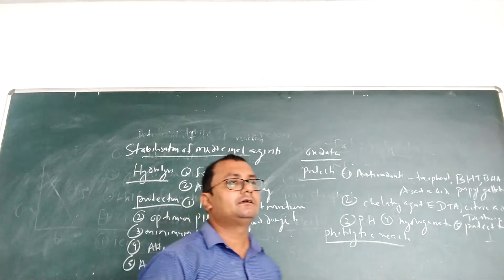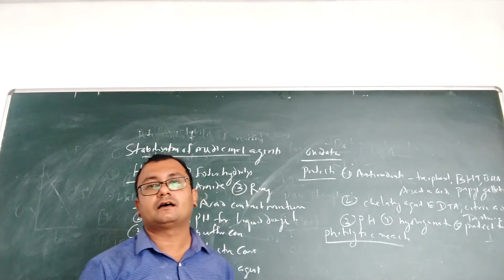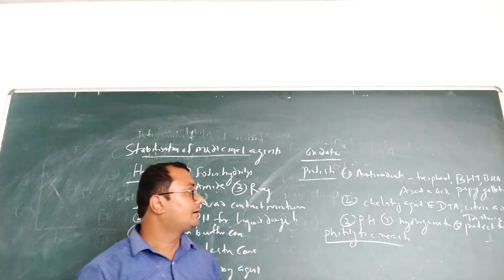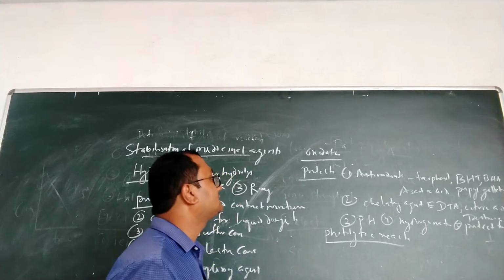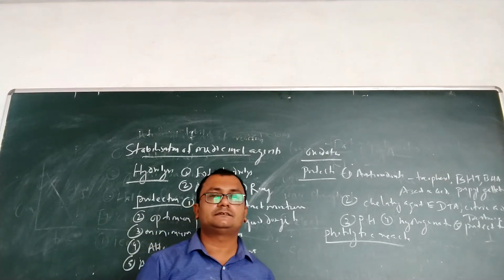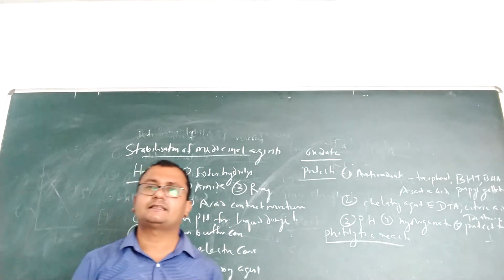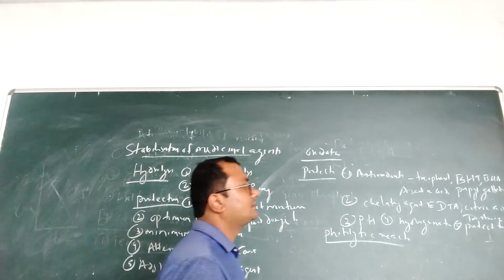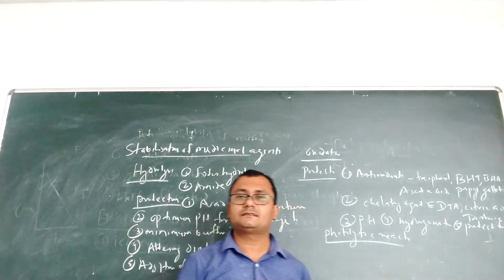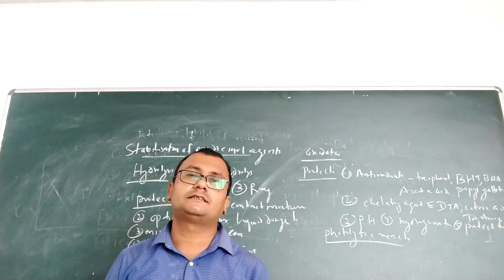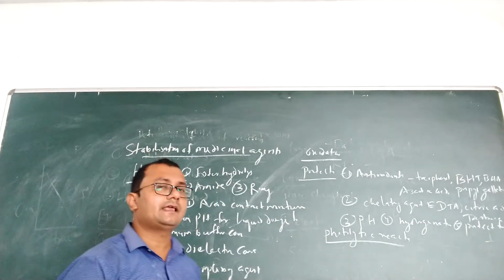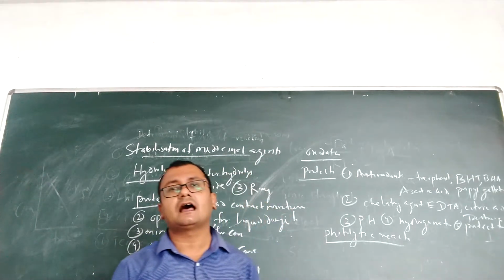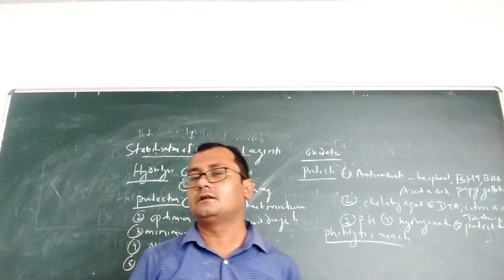So we need to prevent oxidation by taking different measures. The first is to use antioxidants like tocopherols, BHT (butylated hydroxytoluene), BHA (butylated hydroxyanisole), ascorbic acid and propyl gallate.